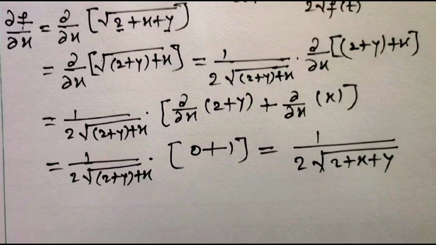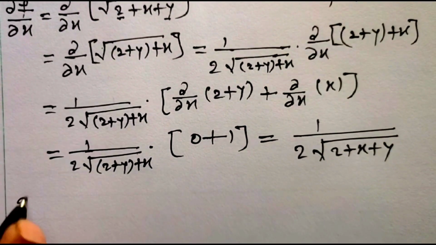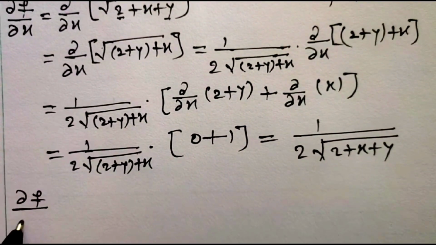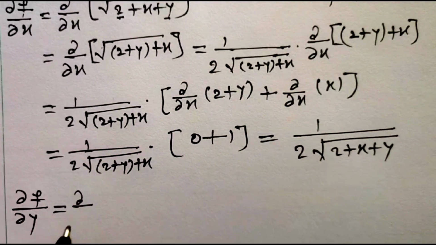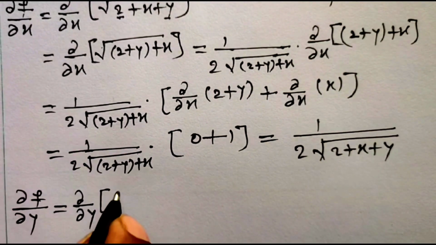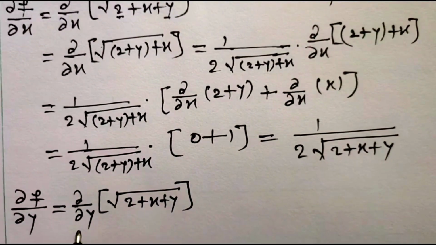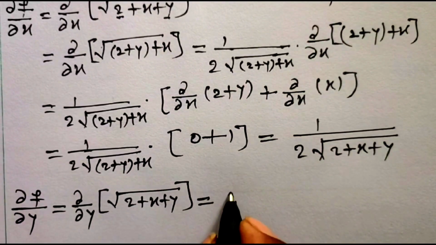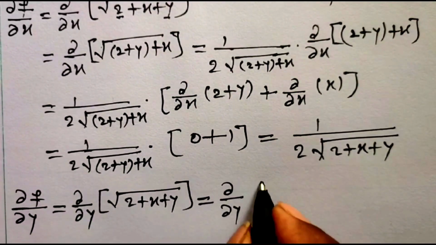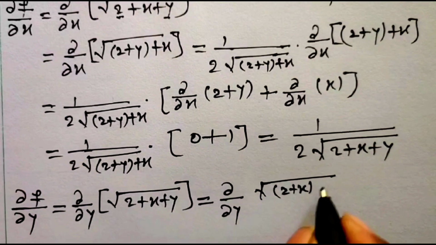Let us find partial derivative of f with respect to y. Partially differentiating f with respect to y is equal to partial derivative with respect to y of square root of 2 plus x plus y. Now we are differentiating with respect to y, considering x as constant. So collecting constant in one bracket, this can be written as 2 plus x plus y.